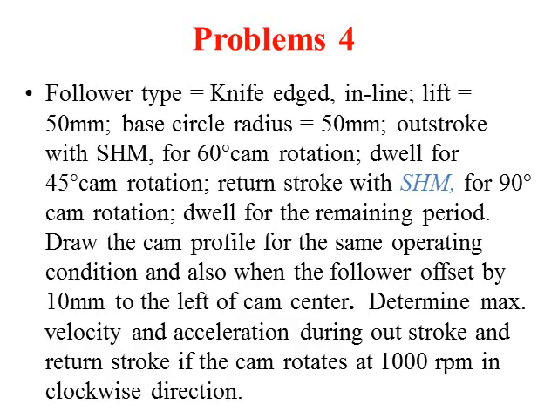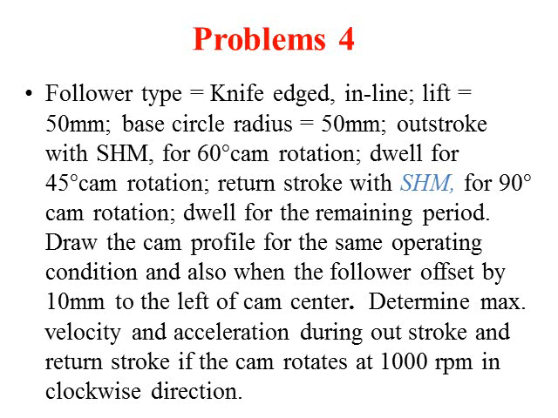So let us start with the first problem. The follower type is knife edge and it is inline. When we say inline, it means the axis of the follower and the axis of the shaft lie in the same line. Next, we have the lift, that is 50 mm. Lift means lift of the follower, represented by the symbol S, that is the stroke, and it is 50 mm.